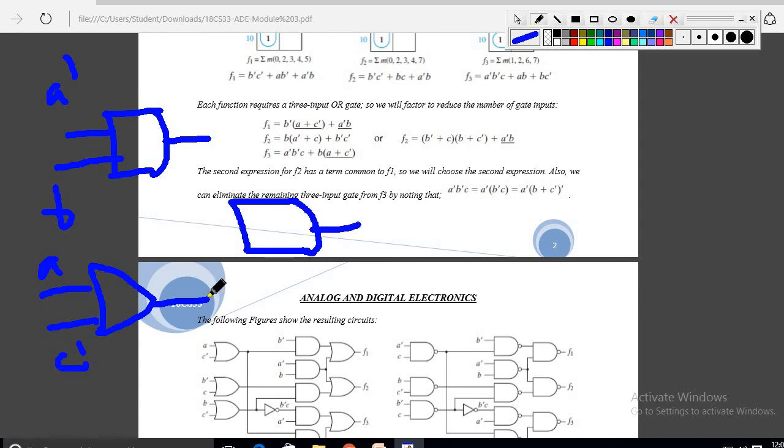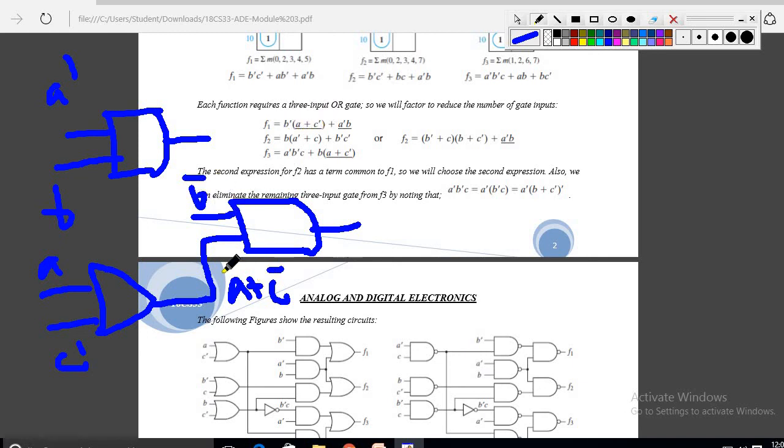One input will be this a plus c bar, and one more input will be b bar. So this is exactly this form, b bar into a plus c bar.